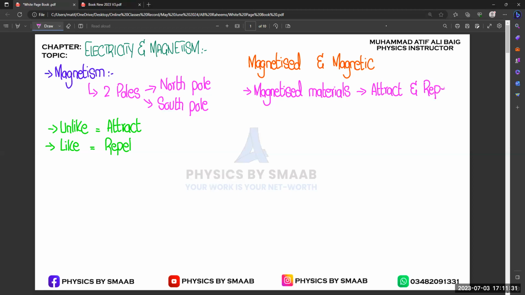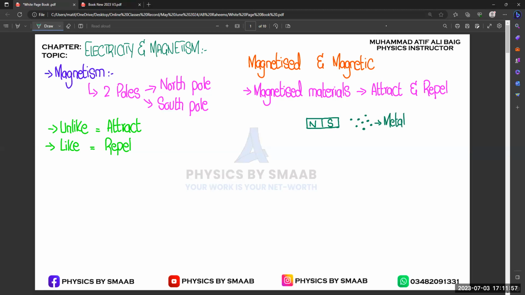Let's take an example of a magnet and a magnetic material like iron. Let's suppose we have a magnet, and a piece of iron, or any type of magnet.